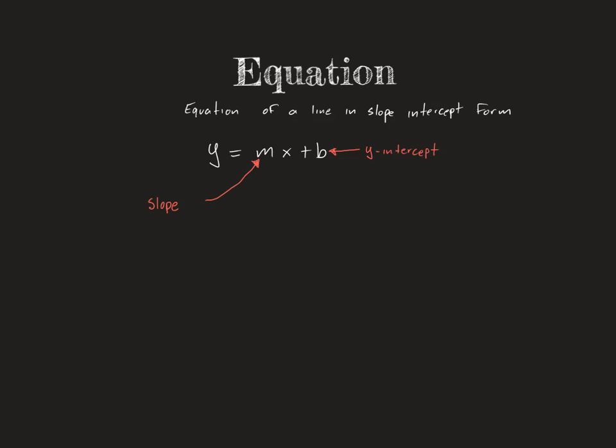Now, keep in mind that whenever we're talking about slope, we say that the slope is going to be your rate of change, and that's going to be given by the formula y2 minus y1.